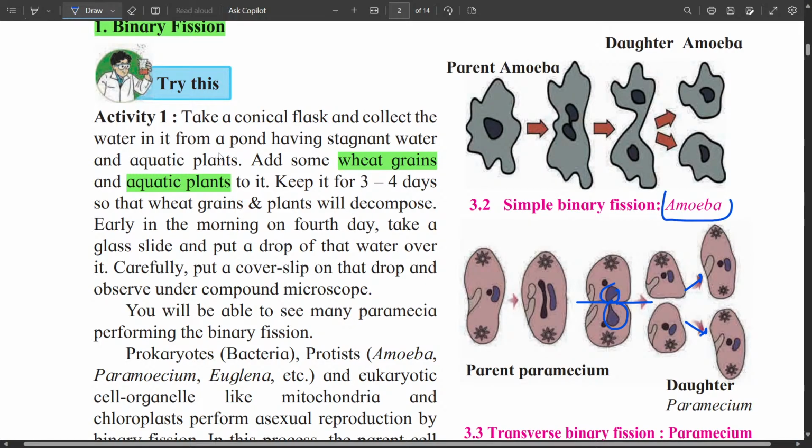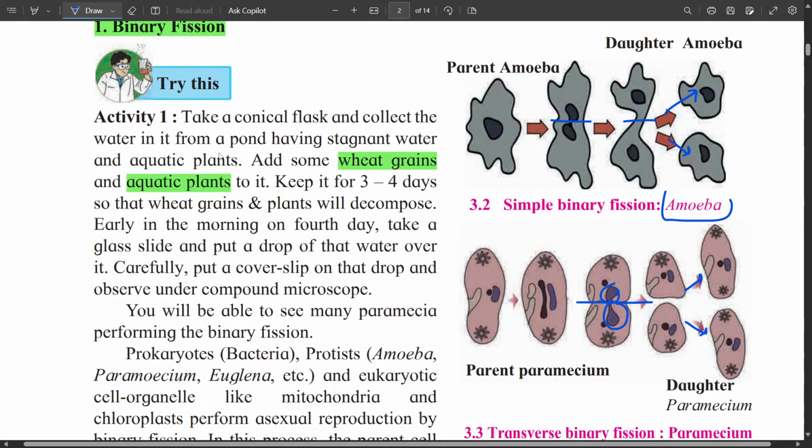A single amoeba cell is there. Now the amoeba has a random shape, so the cell division will not occur along any specific axis. It can occur along any axis, so it is called simple binary fission. The nucleus is divided, the cytoplasm is divided, and a single amoeba is converted into two amoebae.